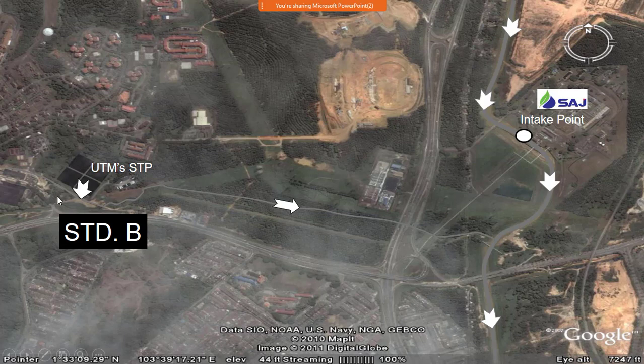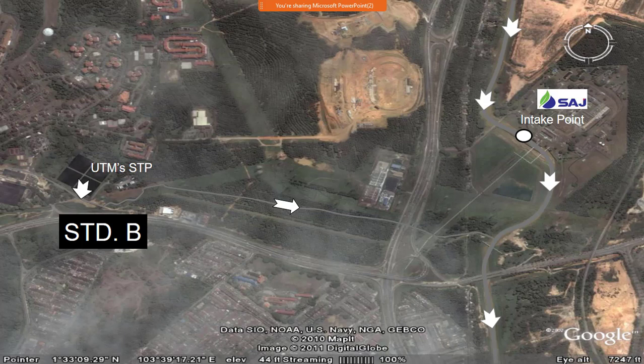But because the discharge point comes in the downstream, it is not affecting or interfering with the intake point. So we can say that standard B can be followed without any problem. Now this is the point of when we follow standard A and when we follow standard B.